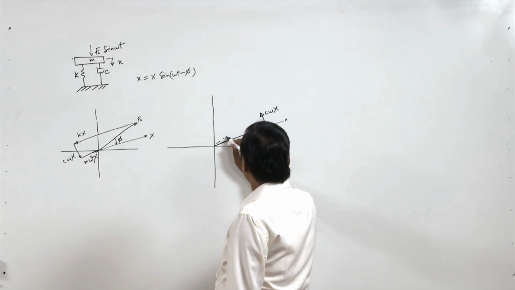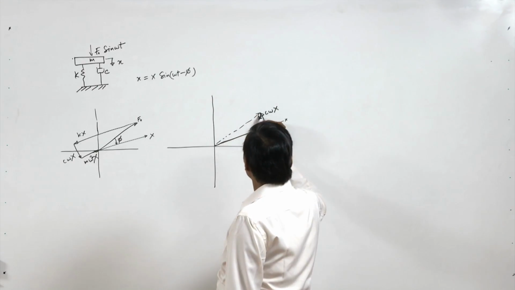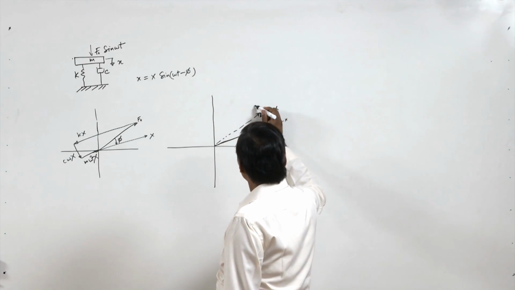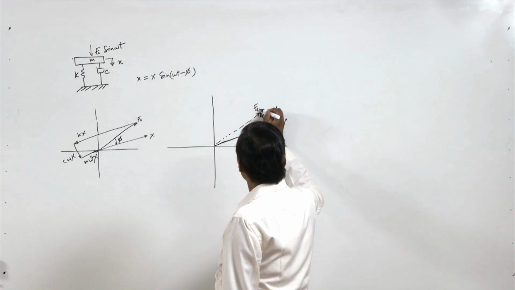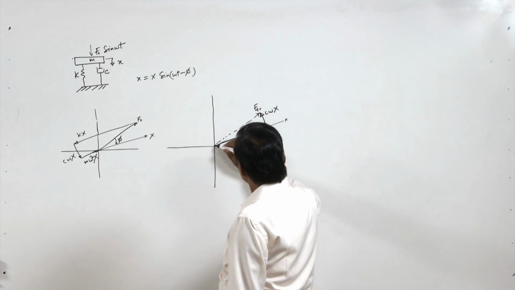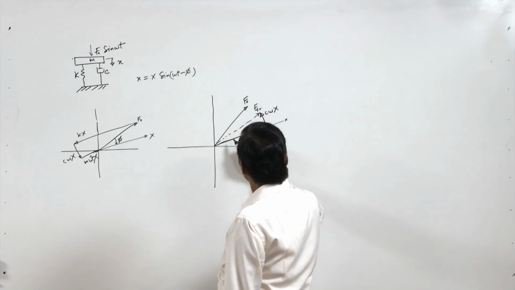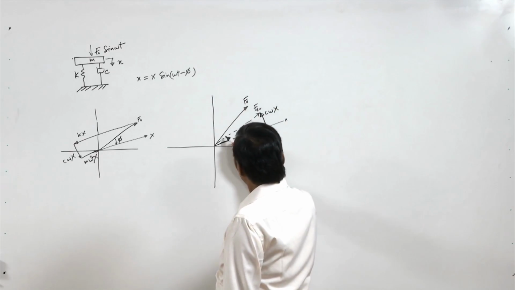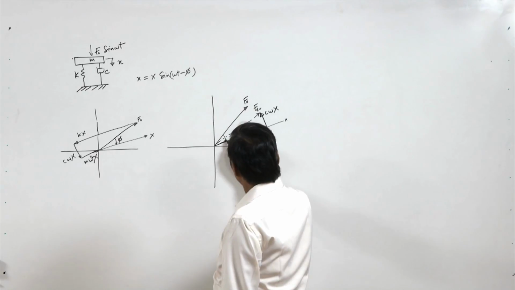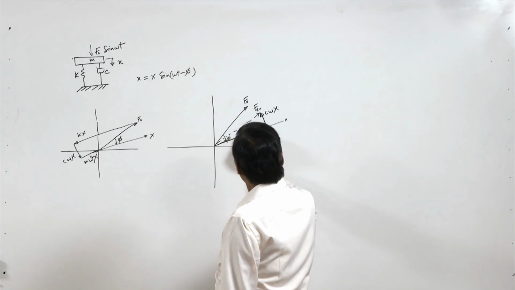And if we do the vector sum of these forces, let's give this name FTR, and here we have F0, and here is this phi, and there is some angle here, alpha.